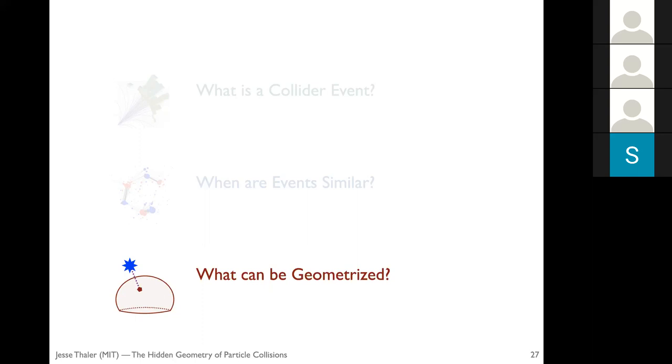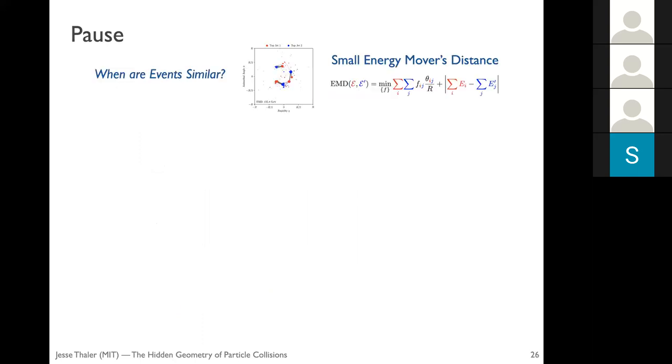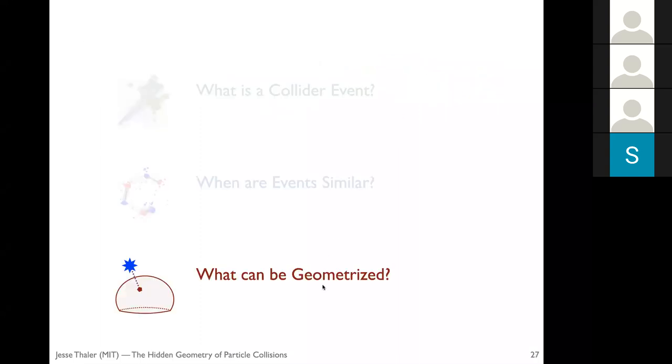Good. As you're going to see, this energy mover's distance is very special. We tried other things, and there are other things that have the notion of a metric satisfying the triangle inequality. There's actually a whole multi-parameter family of distances that make sense. In this formula, if I take this theta and raise it to a power, that turns out to also be reasonable. But what you're going to see in this part of the talk is that it seemed like this energy mover's distance was kind of arbitrary. Okay, nice to be able to define this notion of distance, but what does this have to do with anything that we've known about QCD?